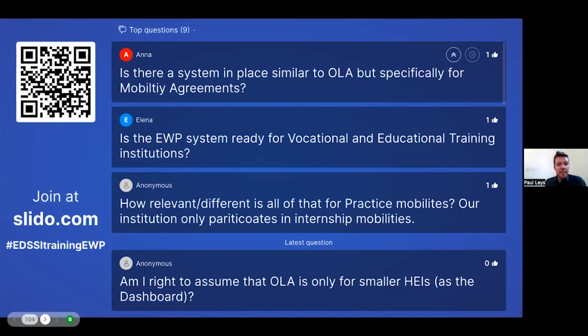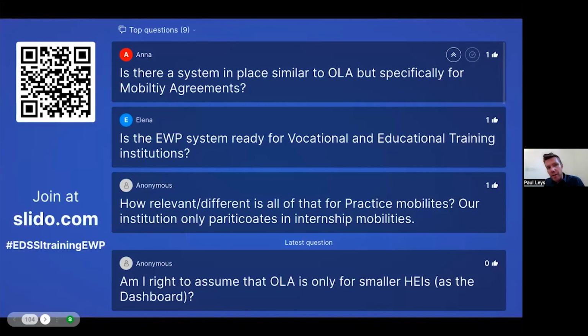Is this on the radar when it comes to the dashboard? At the moment, there are other priorities, but of course, the more we continue building the EWP dashboard, it could become part of the whole ecosystem as well. And third-party systems probably also have some functionality to manage those grants online.